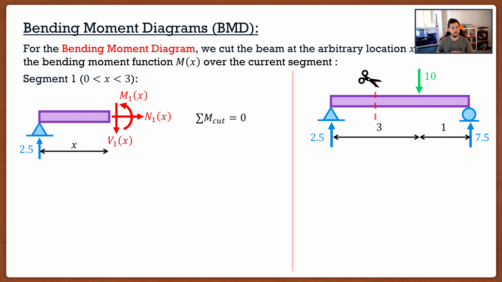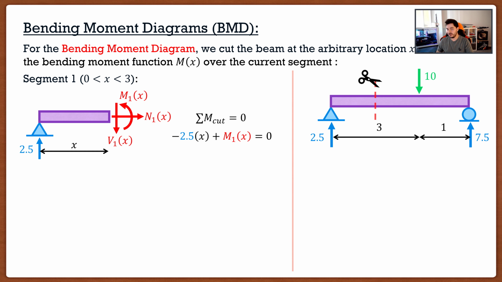So if I take the summation of moments about the cut, I have 2 things that play a role. First is going to be M1 of x. That's kind of easy. You can see that. The second one, we know that the support reaction is going to create a moment. At the cut, my support reaction is going upwards, so it's going to create a clockwise moment, so it's going to be negative, and it's going to be force times distance.